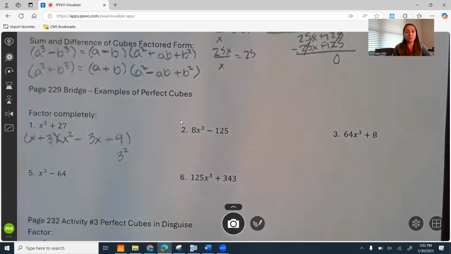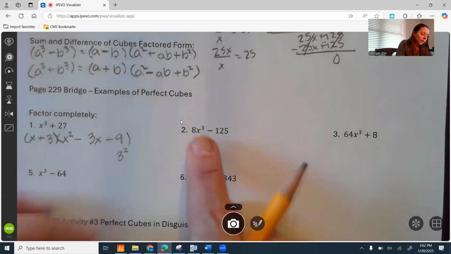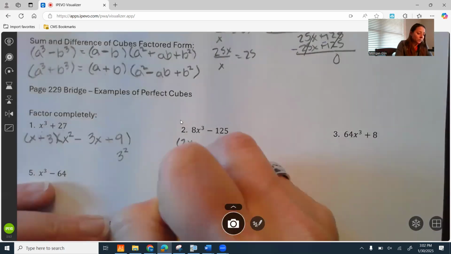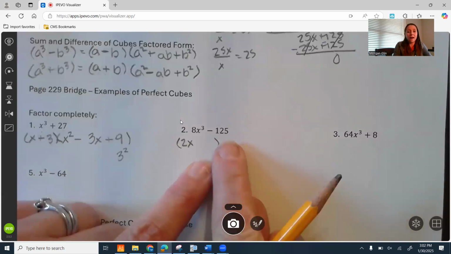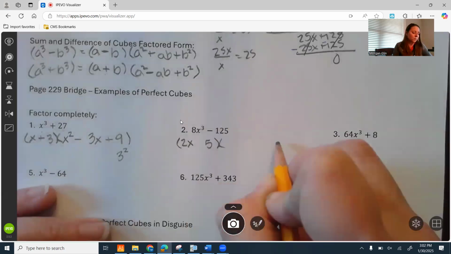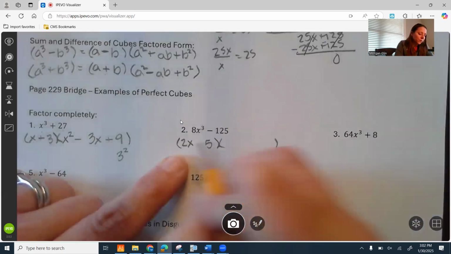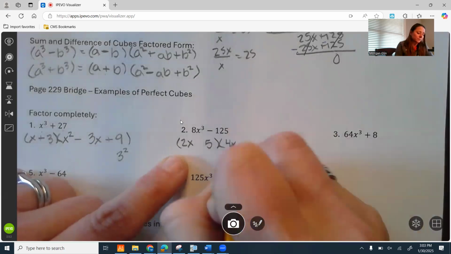All right, so let's go do the next one. All right, well, what was the cube root of 8? All right, cube root of 8 was 2, and the cube root of x cubed is x. Well, what do you remember the cube root of 125 is? Well, that was 5. All right, so here we go. Now we square the first. When we square the first, I'm talking about you got to square the 2 and the x. All right, so that's going to be 4x squared.